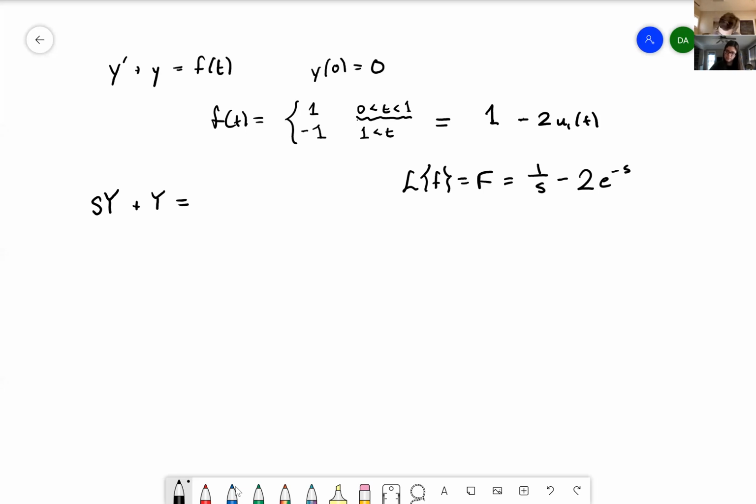Okay, so let's plug this in. 1 over s minus 2 e to the minus s, and this is equal to Y times 1 plus s. So we divide both sides by 1 plus s.